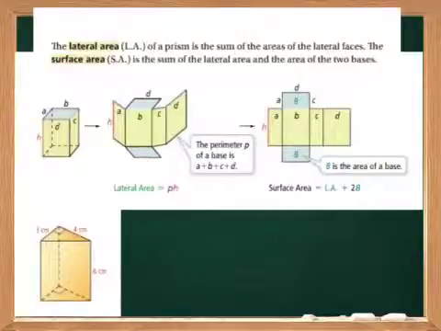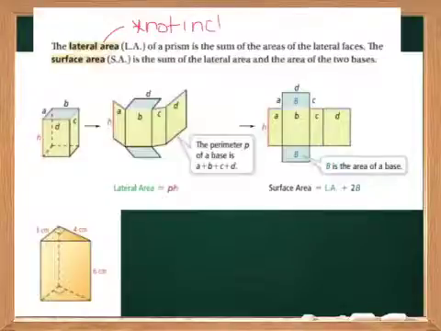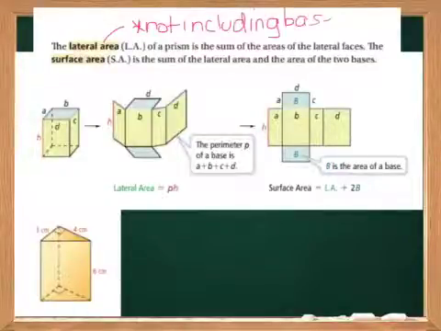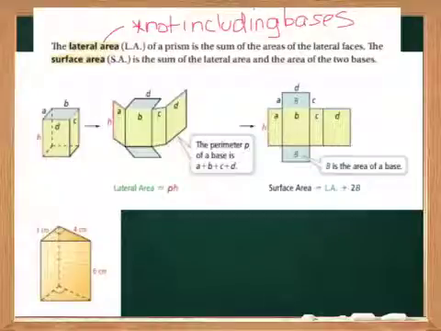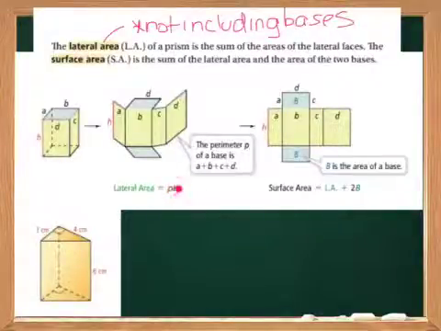So if you want to make a note, not including the bases. Now, when we're finding the lateral area, one way to do it is to find the perimeter and then multiply it by the height.